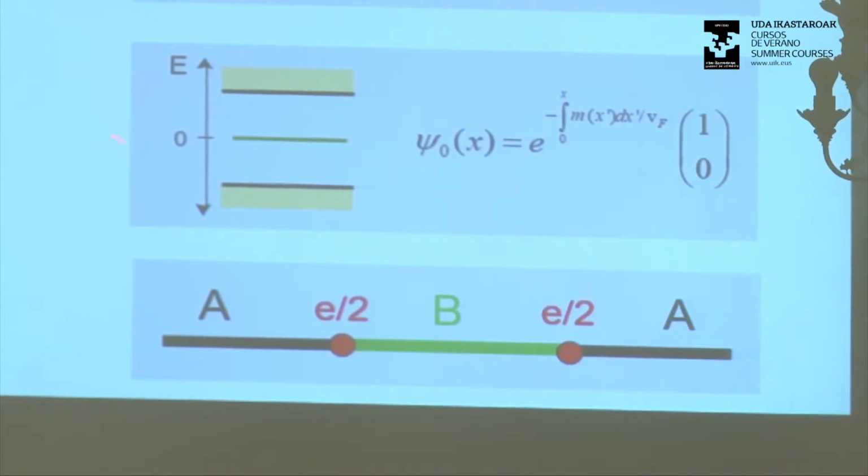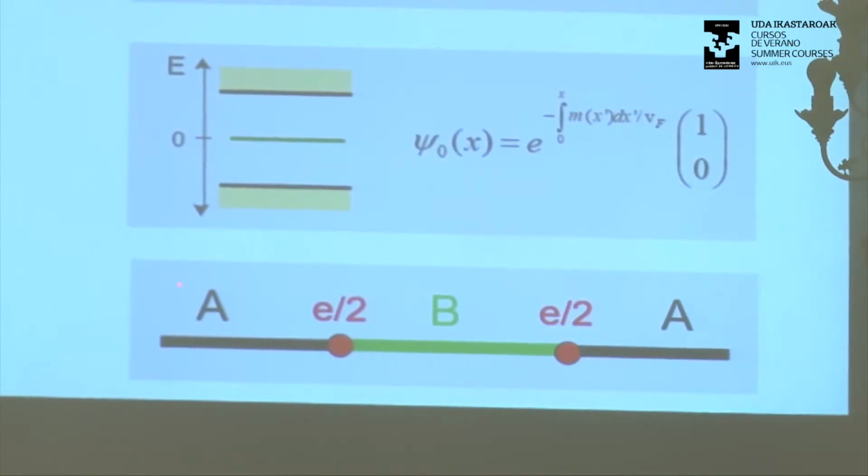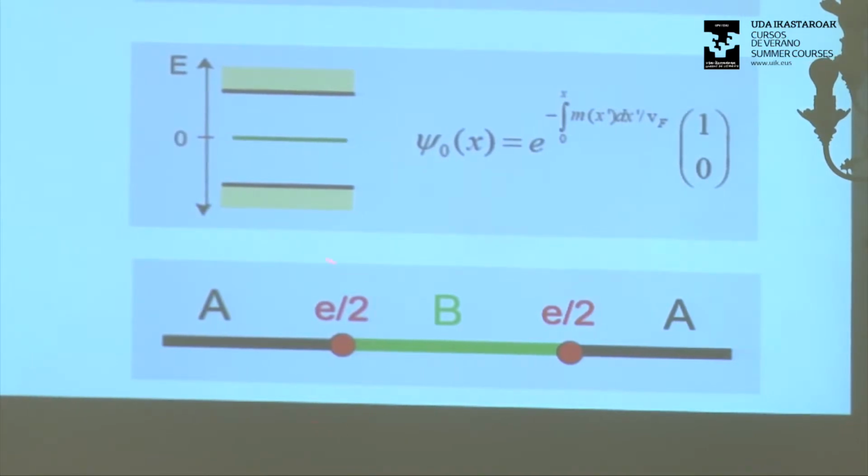That means whether you have this empty or occupied, it's either going to be plus e over 2 or minus e over 2 on this domain wall. So if you were to ask what is the charge at the domain wall between the A and the B, it's precisely e over 2.